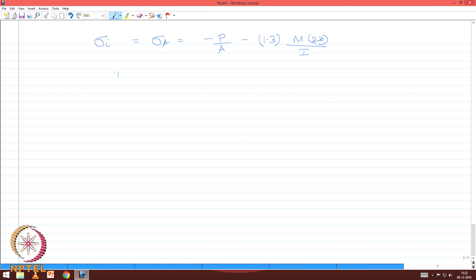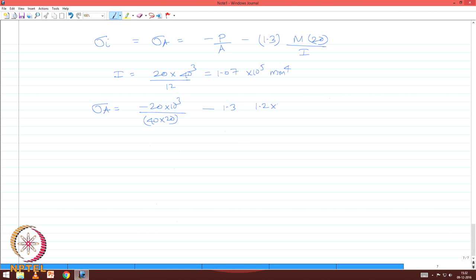Let us compute the I value for this section, which is 20 into 40 cube by 12, which is 1.07 into 10 power 5. So, therefore, let us compute sigma A, this is at intrados, which is minus 20 into 10 power 3 by 40 into 20, that is the direct stress compression, minus 1.3 intrados compression.